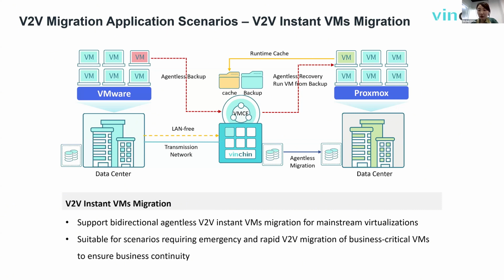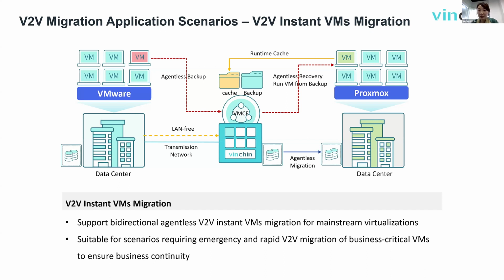Users can directly run the business on this instantly restored virtual machine, and during the runtime, the virtual machine's newly generated data will be written into the cache area, and the original data backups will remain unmodified. At this time, both the original backup data and the cache data are inside the Vinchin backup storage.